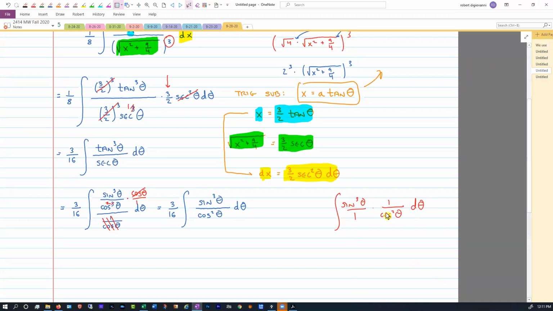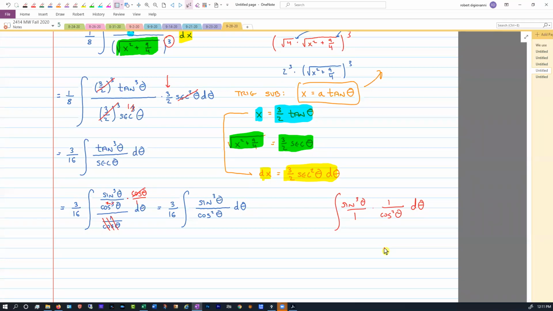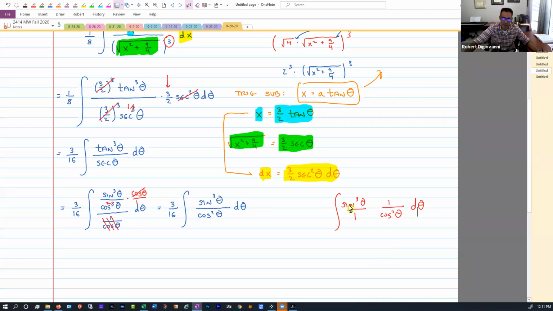You could do them individually. Use substitution? Okay, what would your u substitution be? u equals sine theta. Okay, so if u is sine theta, the derivative of that is cosine theta, but that's down in the denominator, right? You don't really want that.